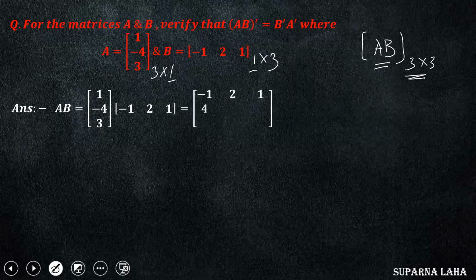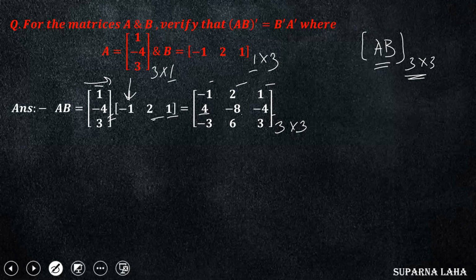Multiply it: first row with first column, row with column, you need to move like that. 1 with -1 is -1, 1 with 2 is 2, 1 with 1 is 1, -4 with -1 is 4, -4 with 2 is -8, -4 with 1 is -4, and similarly -3, 6, 3. So this AB is given by this 3 by 3 matrix.